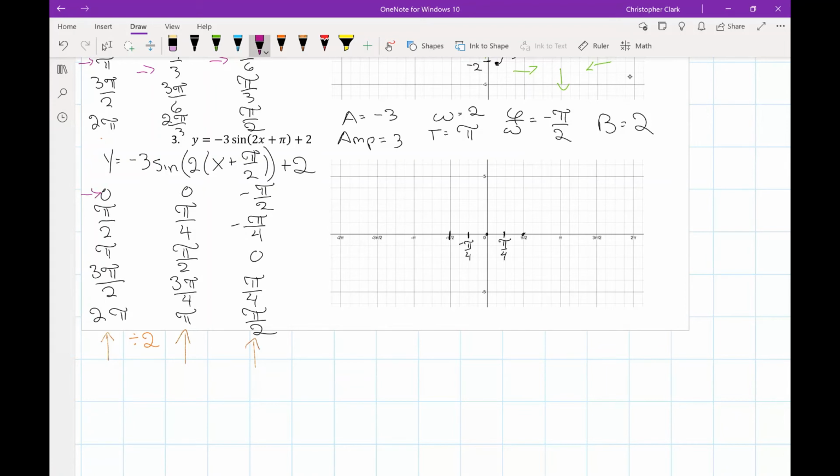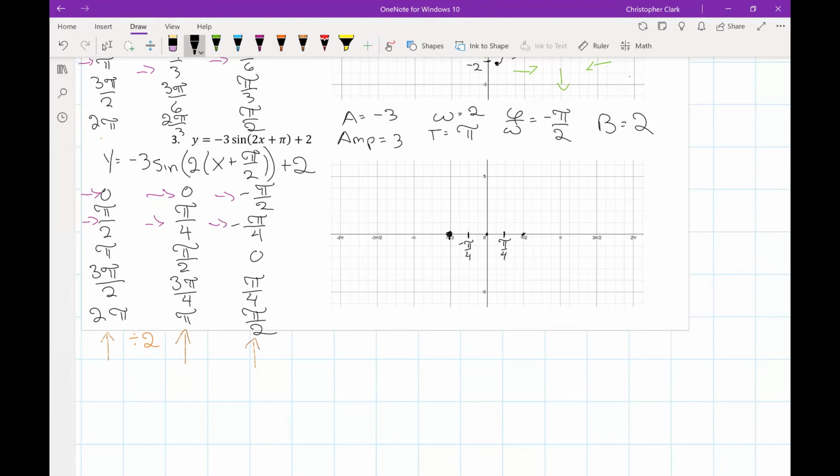So sine of 0 is normally 0. But of course, we divided that 0 by 2 to get 0, and then now we shift it. So now, at negative pi over 2, we are at 0. So we're right here. Similarly, at pi over 2, we're normally at 1, but that pi over 2 has been transformed to pi over 4, and then shifted to negative pi over 4.